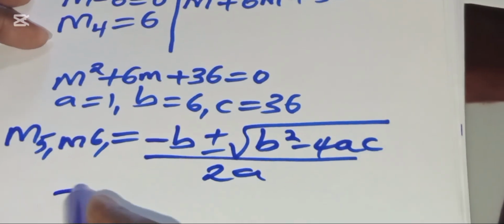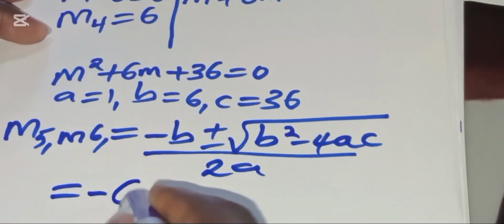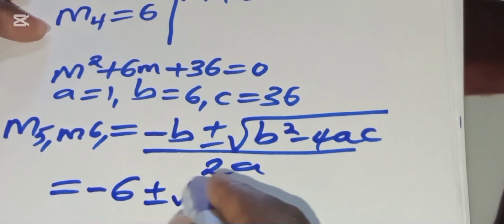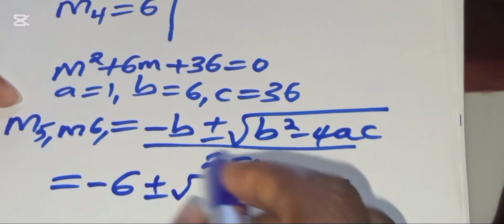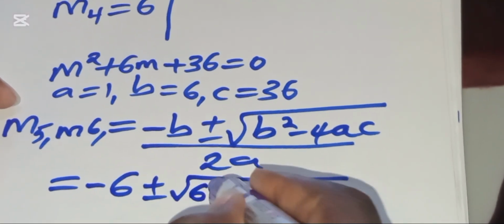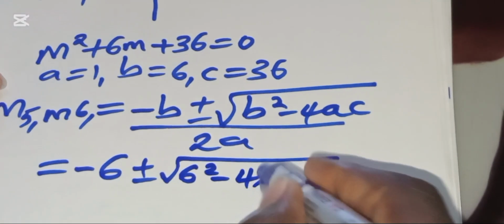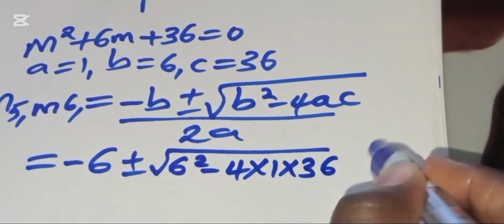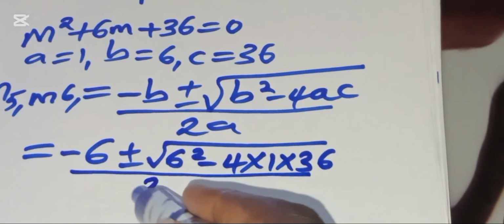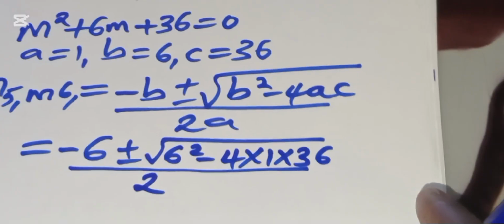Now substituting, we'll have negative 6 plus or minus the square root of 6 squared minus 4 times 1 times 36, all of this divided by 2 times 1, which is 2.